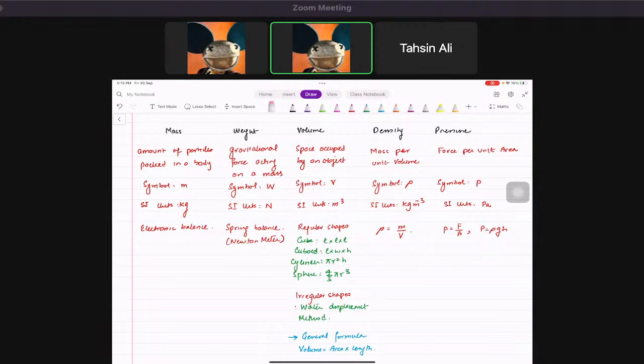And of course, this is for unit 3, I'm just telling you a few other things. For atmospheric pressure, we use a mercury barometer, and for difference in pressure, we use a mercury manometer.